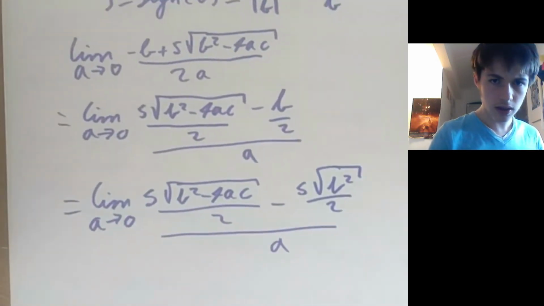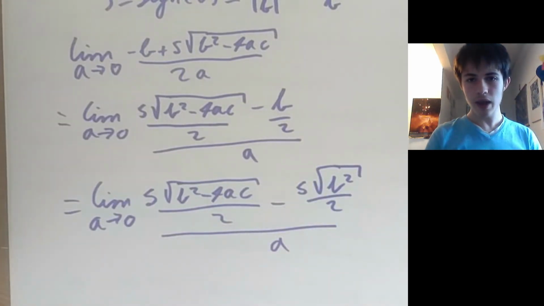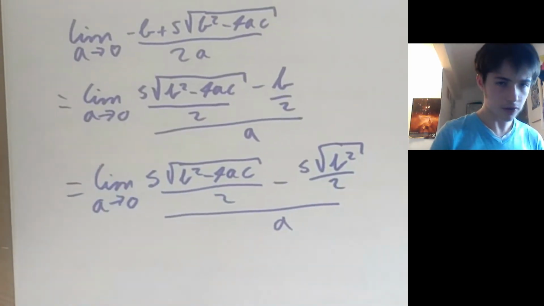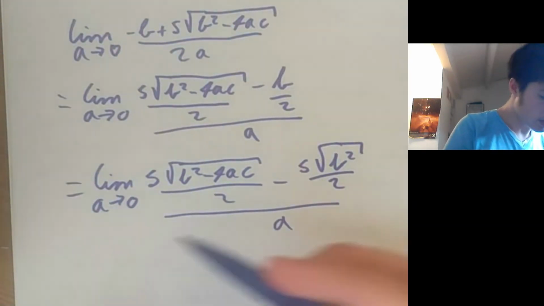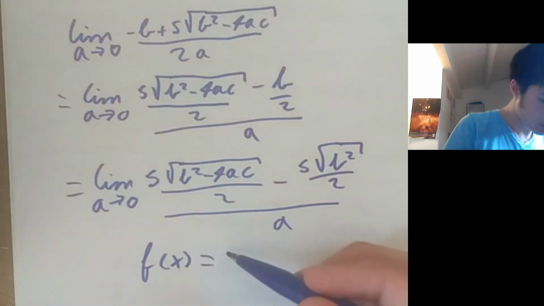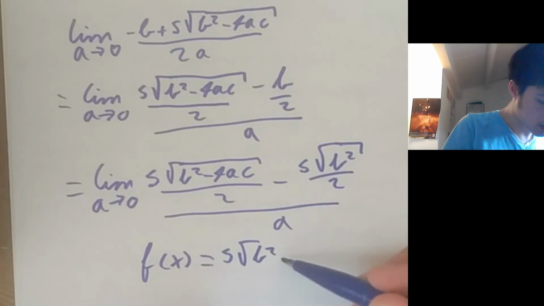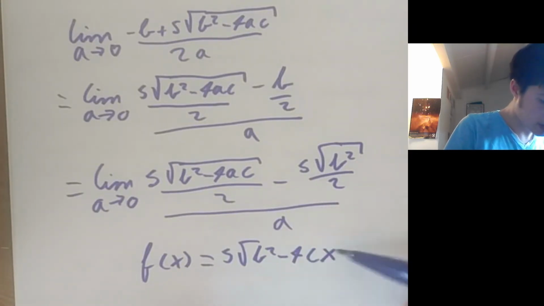So now these two things look kind of similar, and I'm going to introduce a function to clarify that. So f of x will be equal to the sine of b times the square root of b squared minus 4 times c times x.